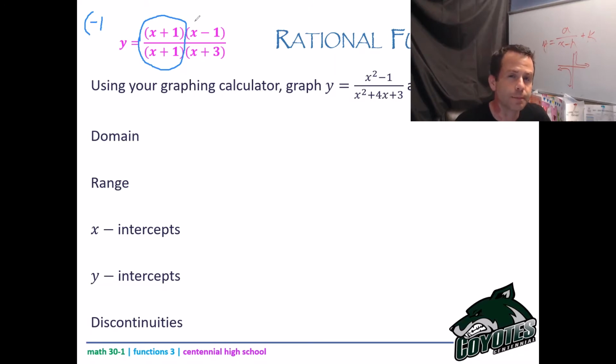Well, that factor would simplify out, right? So if I was to put -1 in for x here, that would give me -1 minus 1 is -2, over -1 plus 3, which is 2, right? So then -2 over 2 would be -1. So I have a point of discontinuity at -1, -1.